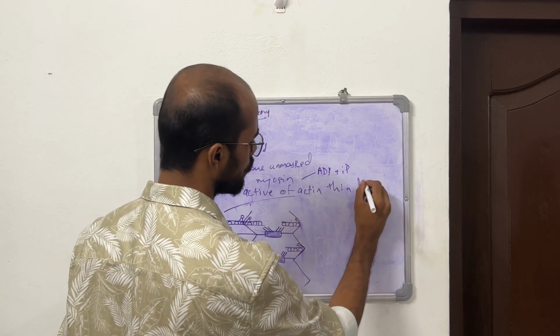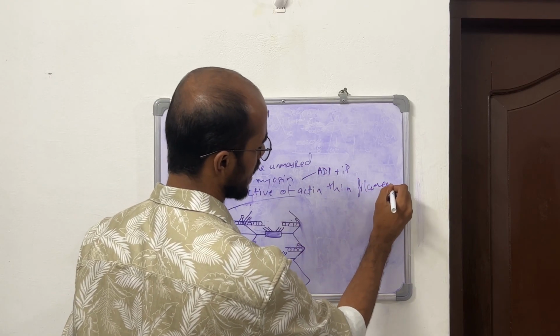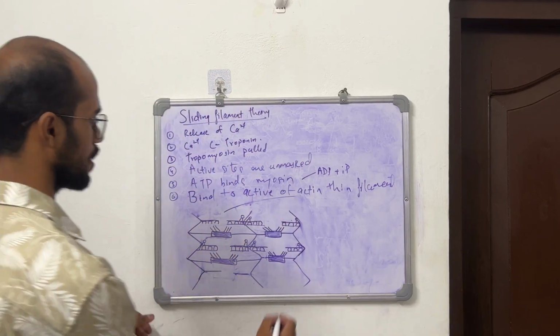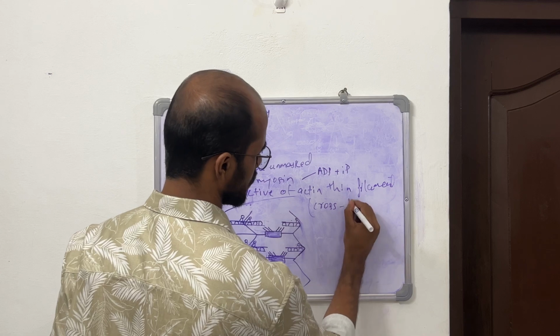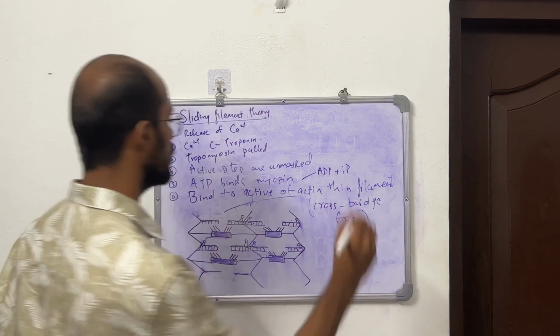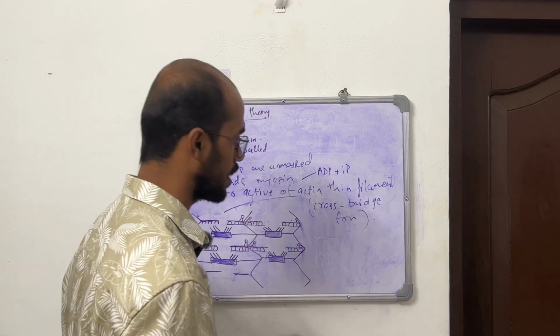And this process of binding of the myosin head to the active site of the actin filament is referred to as cross bridge formation. Okay. Now, after cross bridge formation, what happens?